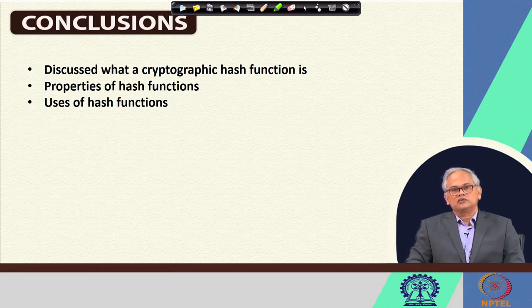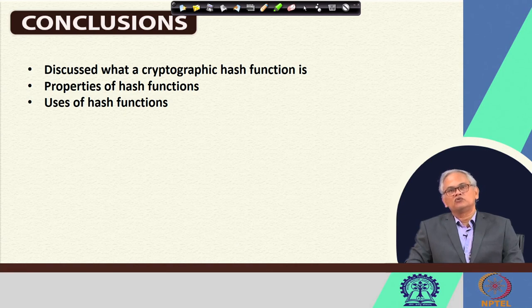So, to conclude this lecture, we have discussed what is meant by a cryptographic hash function, what its definition is. We have also seen certain properties of hash functions that need to be satisfied so that they are of use, and also how hash functions can be used, for example, for storing some message in the form of digests, and comparing two messages by their digests.